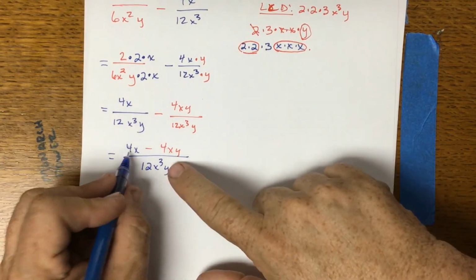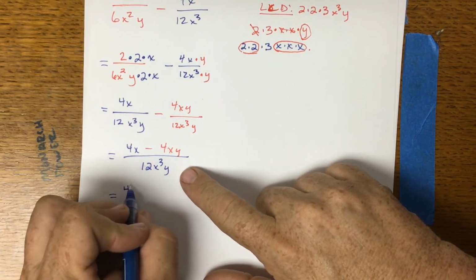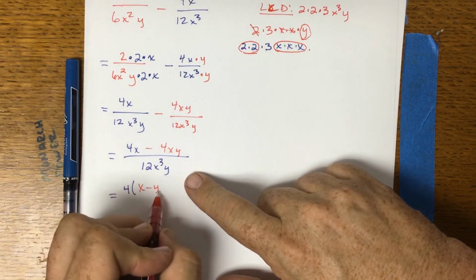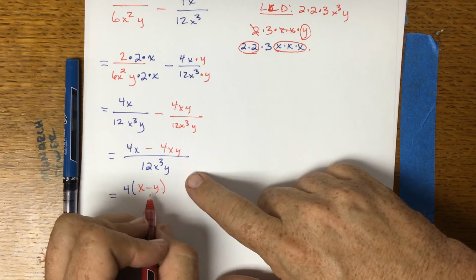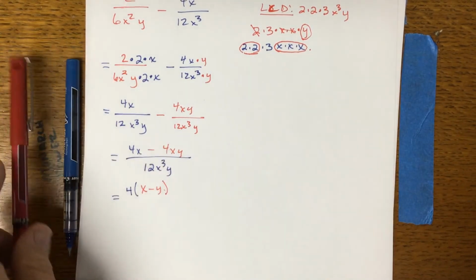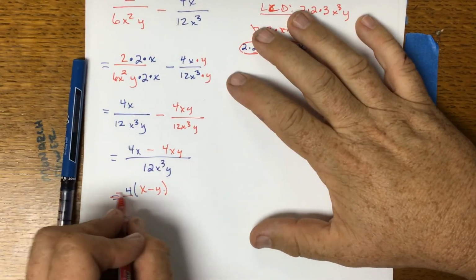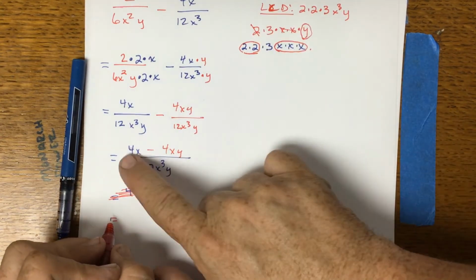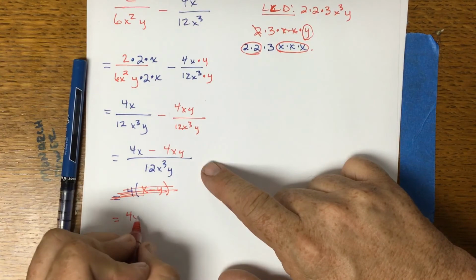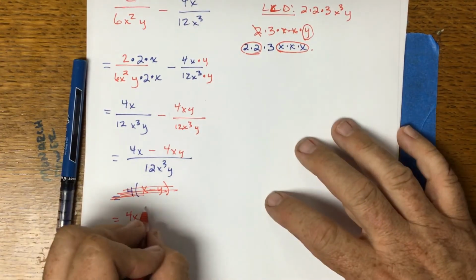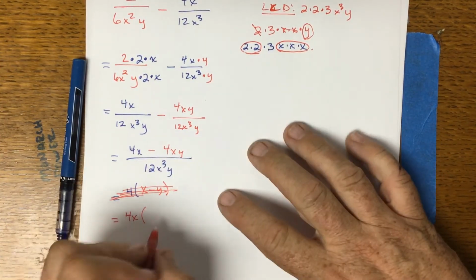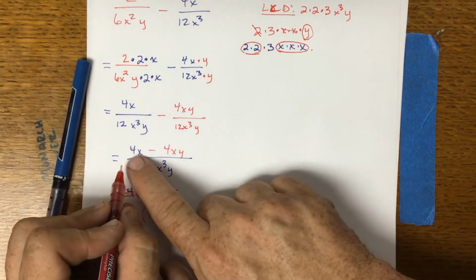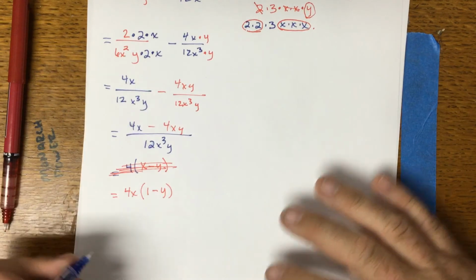So I'm going to take a 4 out of the top, and that's going to leave me with an x minus y. Oops, oh, look at that. I can take out, let me scratch this off. I can take out a 4x. 4x times 1 minus y.